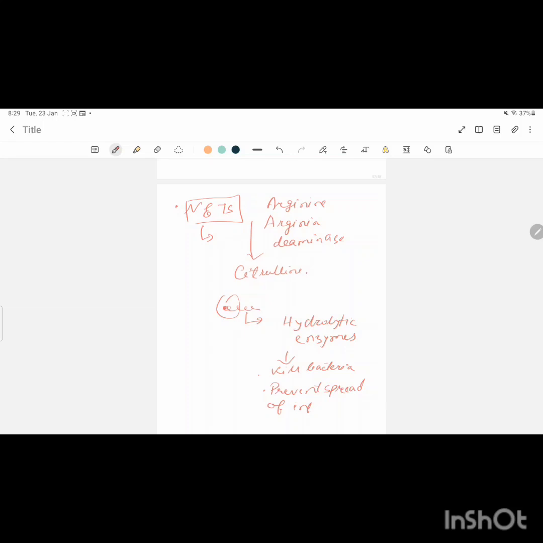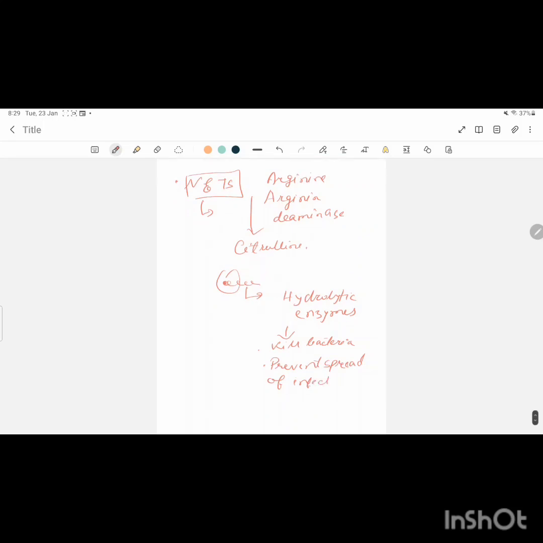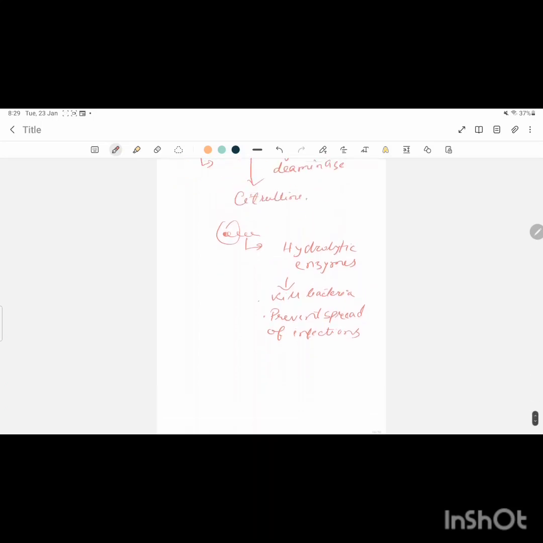Hydrolytic enzymes kill bacteria and prevent the spread of infection. But as the nuclear antigens are getting exposed, what happens? The nuclear antigen is normally kept hidden, because if our body starts forming antibodies against the nucleus, an autoimmune disorder can occur, where antibodies are generated against the body's own nucleus. So nuclear antigen is normally hidden from the external immune system, but here the nuclear antigens are getting exposed, so there will be formation of anti-nuclear antibodies. As there are chances of formation of anti-nuclear antibodies, there are chances of autoimmune disorders.